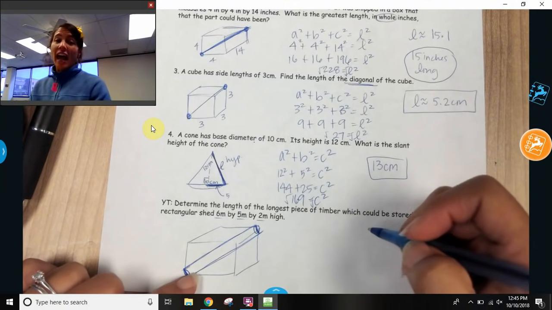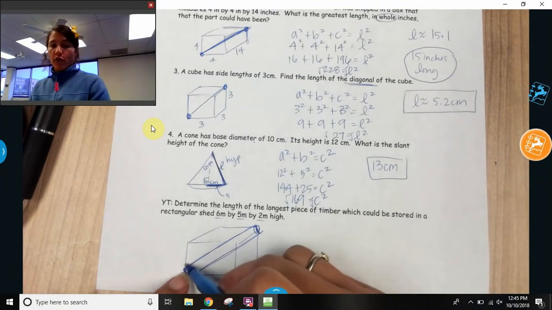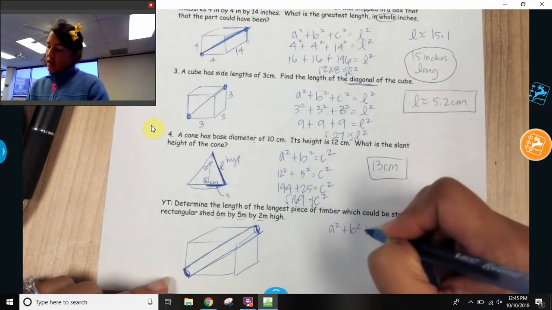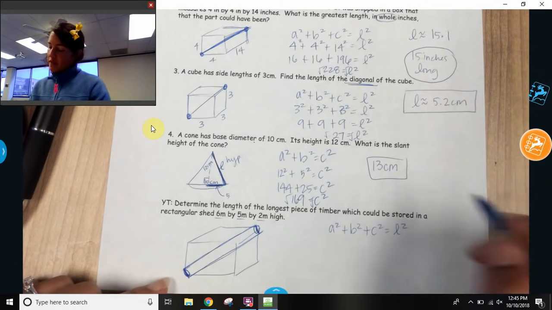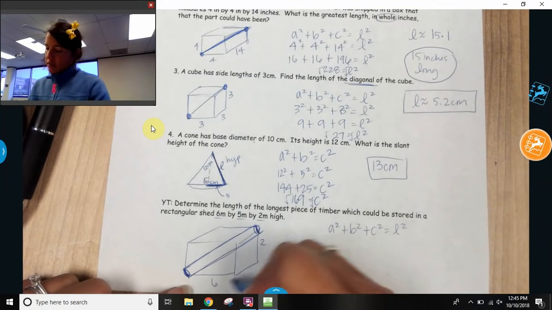Okay, so this is actually going across from the front to the back, like from the front left to the right. So I would use my new equation. And, whoops, I forgot 2. So 2, 6, 5.